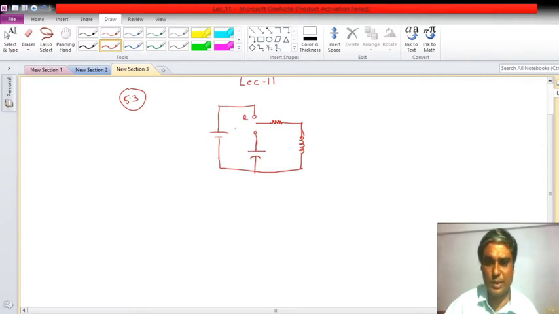This is point A and this is point B. Say the battery terminal value is V, for example. So this is R, L, C.